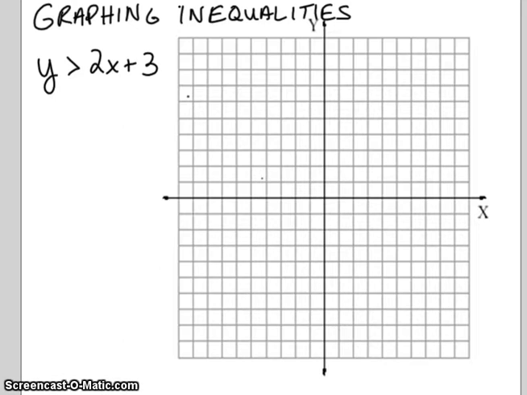The first thing we're going to do, and we have our equation here, y is greater than 2x plus 3. Here are your inequality signs just to review. This is greater than. We have less than. We have greater than or equal to.